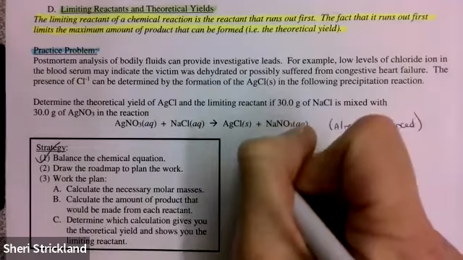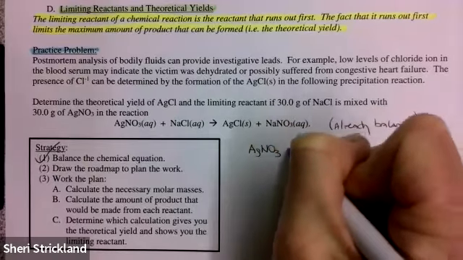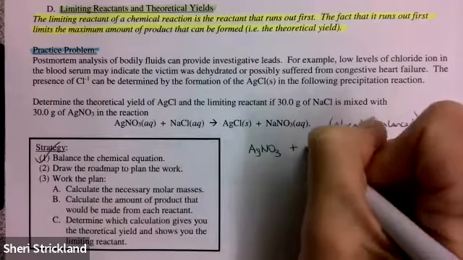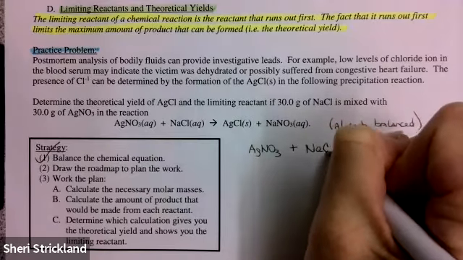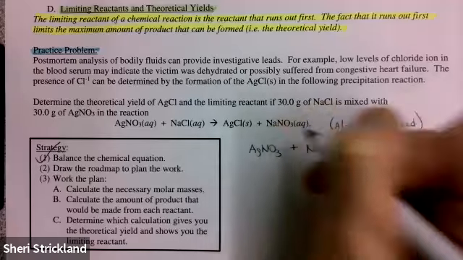All right, so I'm not going to use the physical state symbols, just to make things a little simpler, because we really don't need them right now. And we've got them right there if we need them.